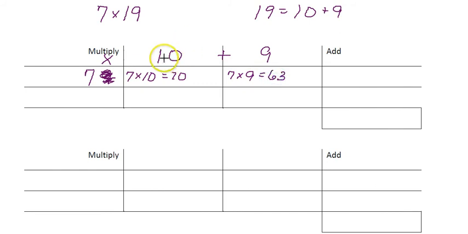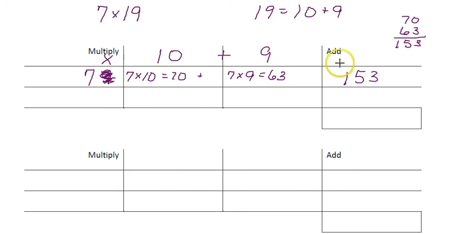Now just like you add 10 plus 9 to get 19, we're going to add 70 plus 63 across to get what we put here, and that's why the add is across here. So 70 plus 63, I can actually do that in my head, but I'll show you over here. It's actually 133, 153. So 153.